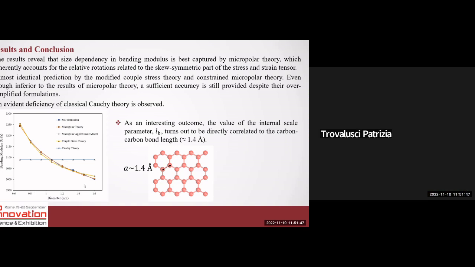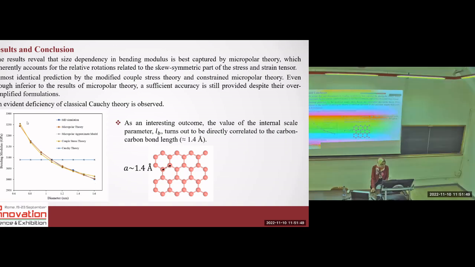Okay, thanks. Yes, you're right. We have a plateau. It is going to be flat, but you're right that we need to do more simulations, even for very large diameters, to show that it is going to become flat.